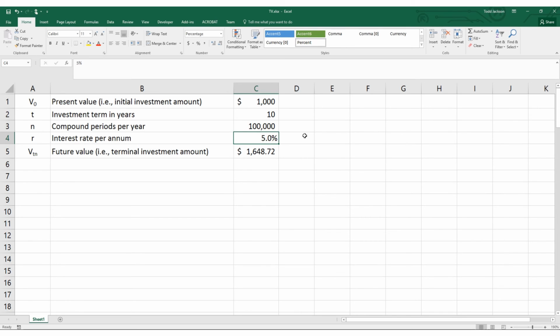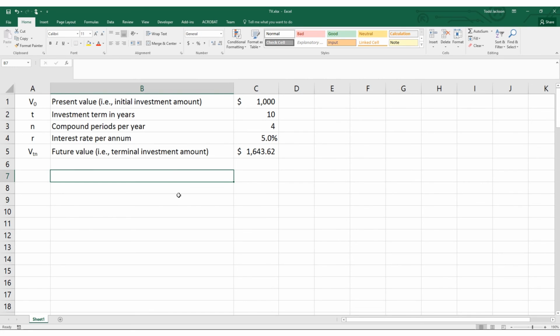Those have the concept of continuous compounding, continuous discounting involved in their pricing, and so it is actually a practical thing that we'll consider in a later video. But we'll see that our investment grows by a fairly small amount as we go to an extreme number of compound periods per year. So again, there's more to come.